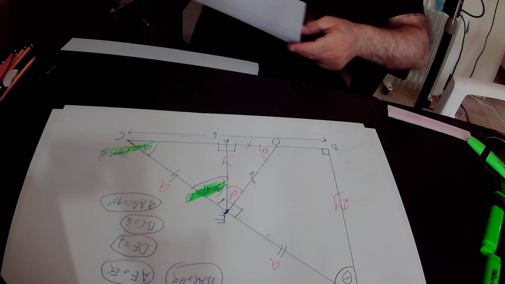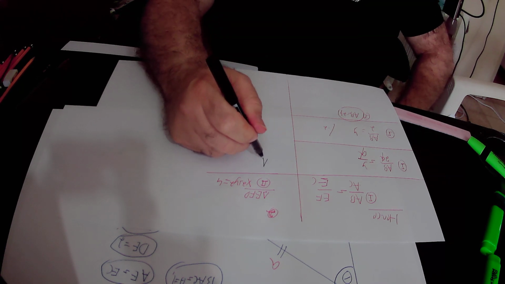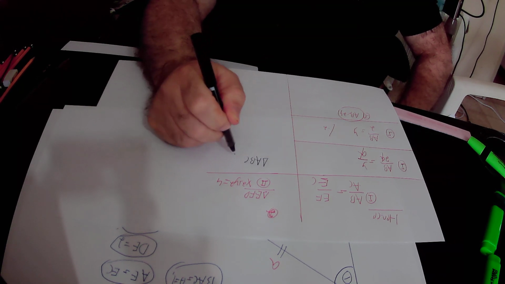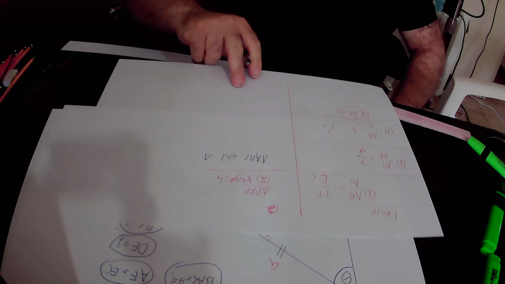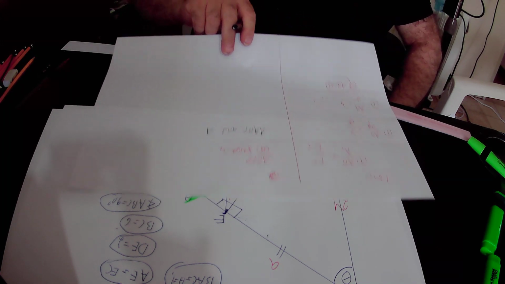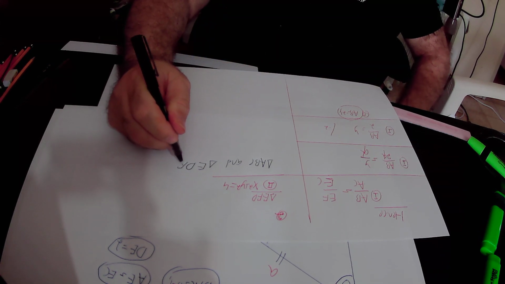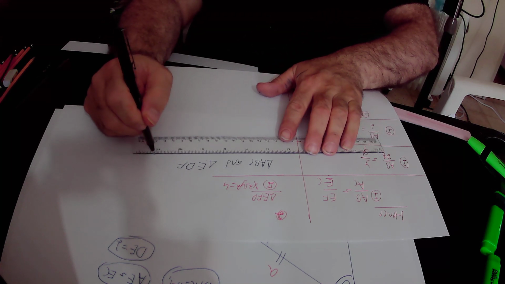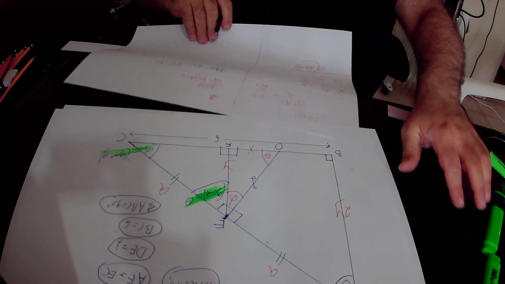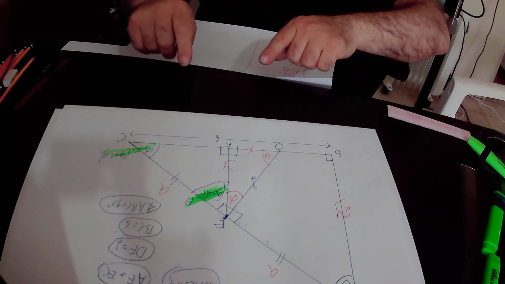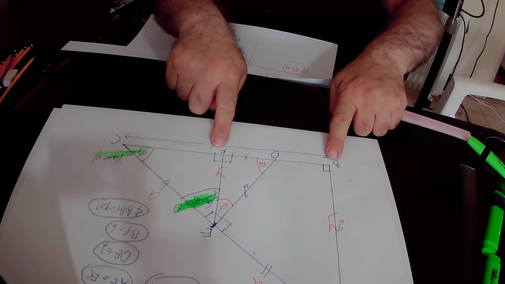So we will prove that the right big triangle ABC is similar to the right small triangle EDF. Why are those two right triangles similar to each other? First of all, we know that those two angles are equal to each other, they are both equal to 90 degrees.